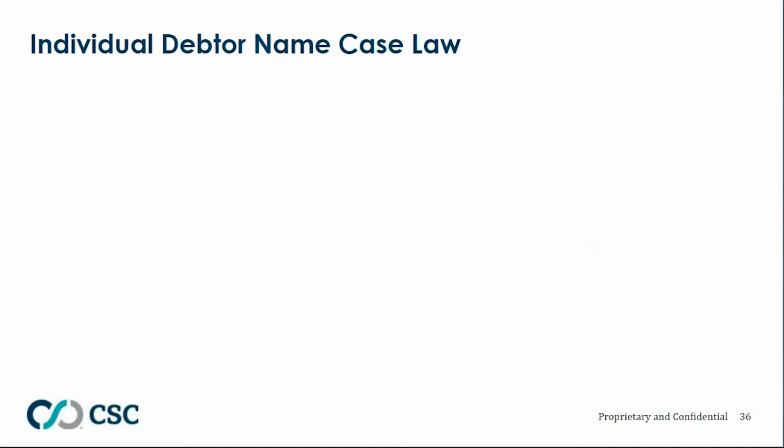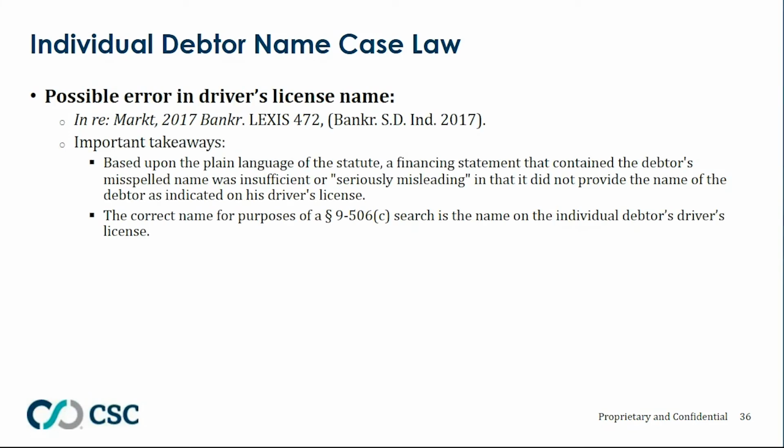There is some individual name case law out there. The most recent cases are from at least a couple of years ago now. In re Marked was an interesting case. Here, there was an extra character in the middle name on the driver's license, and a secured party failed to include that in the financing statement.